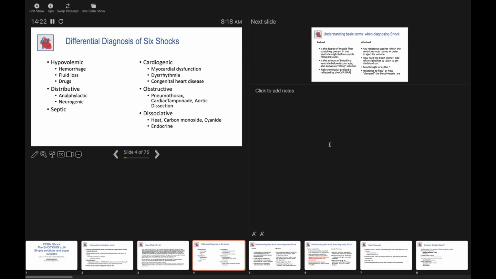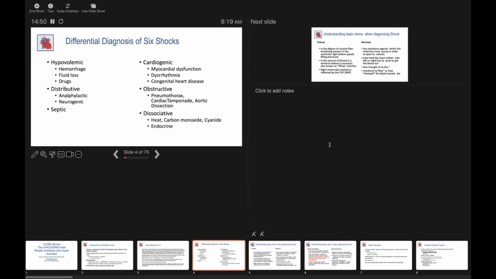PEA is not electrical. That's why it's called pulseless electrical activity. So I see people write PEA and then the strip is VTAC or VF. That's not a PEA shock. PEA shock means you should be having a normal contraction because you have a normal electrical activation, but you don't have a normal contraction. That means all the focus on the electrical activity is worthless.